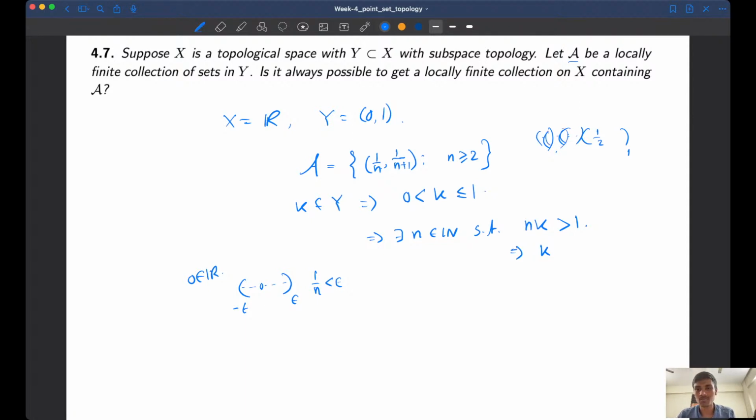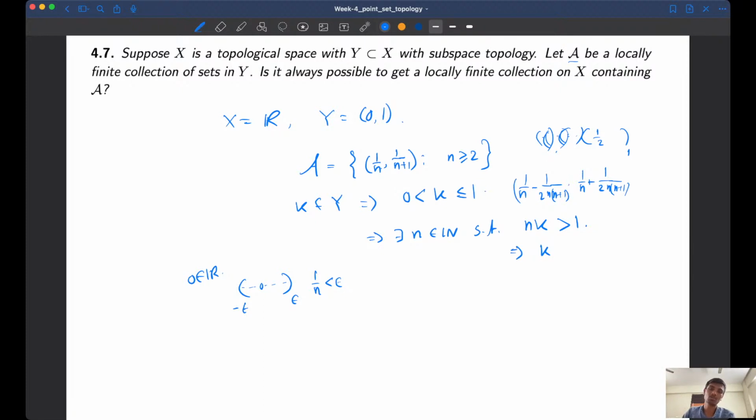In particular, if I have a point of the form 1 by n, then I can take 1 by n plus 1 by 2 into n into n plus 1, and 1 by n minus 1 by 2 into n into n plus 1. Yeah, this collection, this open set.